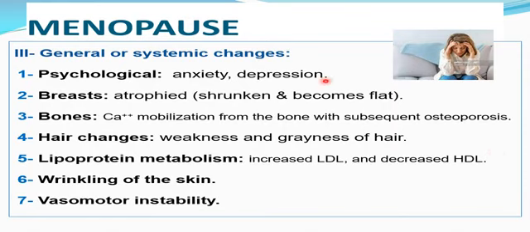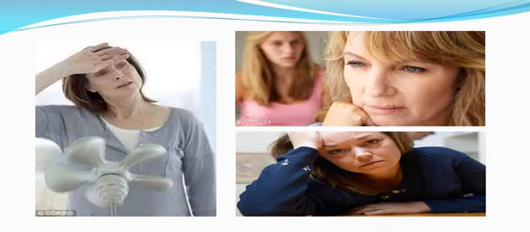Remember these changes of menopause occurring in this female, leading to anxiety, depression, headache, and osteopenia, followed by osteoporosis in the long run. Yes, this lady at menopausal age, remember her life, and this lady is depressed, anxious, and irritable about these changes occurring.